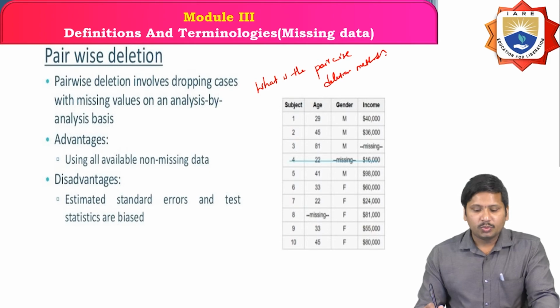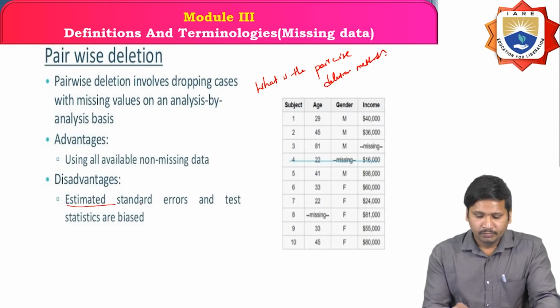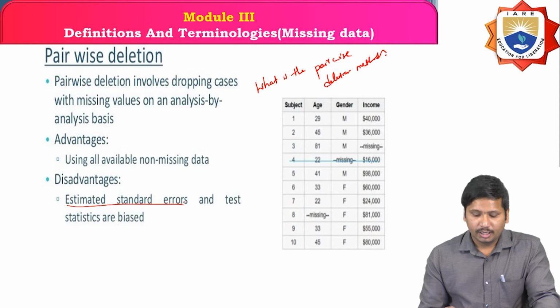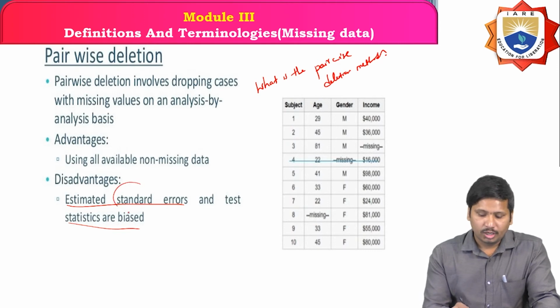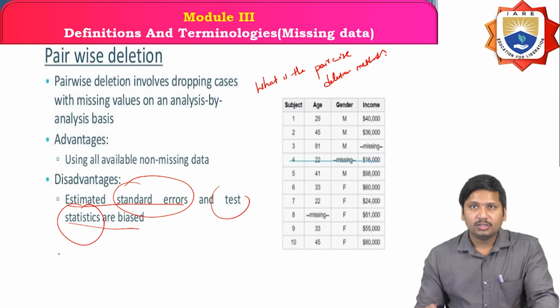The advantage is using all the available data. The disadvantage is that the estimated standard errors and test statistics tend to be biased here. Because of the standard errors and test statistics, this method becomes not preferable for that kind of application.